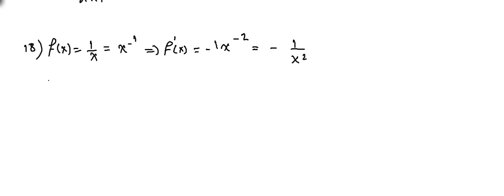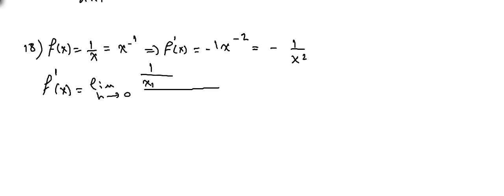We can find it by starting from the definition. So f prime of x is equal to the limit as h approaches 0 of 1 over x1 plus h, right, minus 1 over x1. This is f of x1 over h. We take common denominators, so it's the limit as h approaches 0.